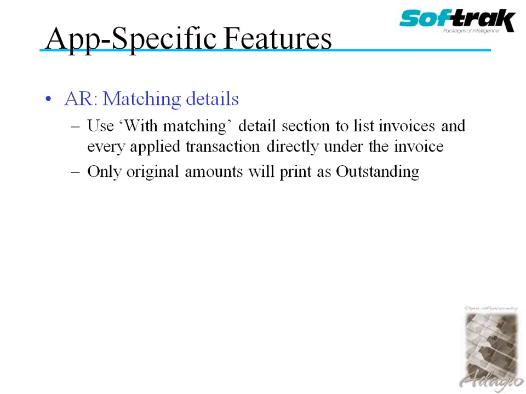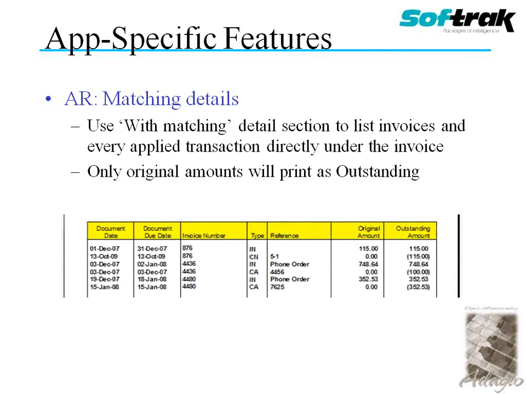So the benefit of using matching details is that you can see specifically, and the customer can see specifically, which invoices were paid by which cash or credit notes and so forth. But the drawback is that the current amount field will always print the original amount. So here's just an example of a form that shows this. Every invoice is followed by the appropriate cash number.